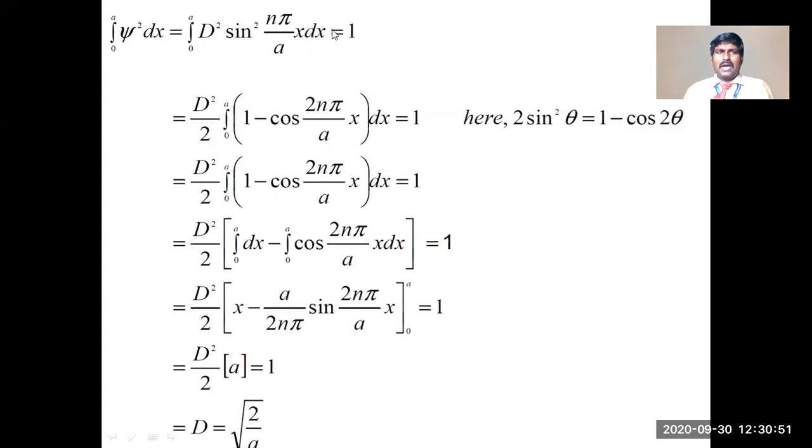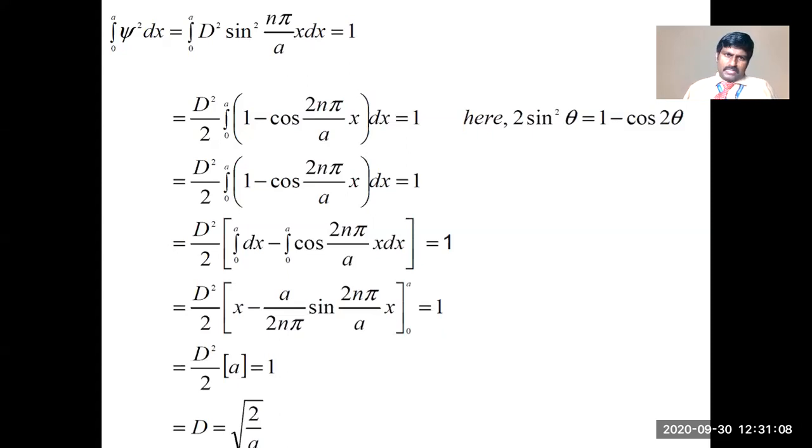And we know the psi value now. It is D sine n pi by a into x. Now we are squaring that, D square sine square, because psi square.